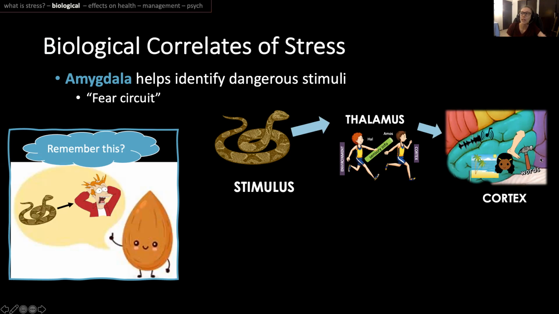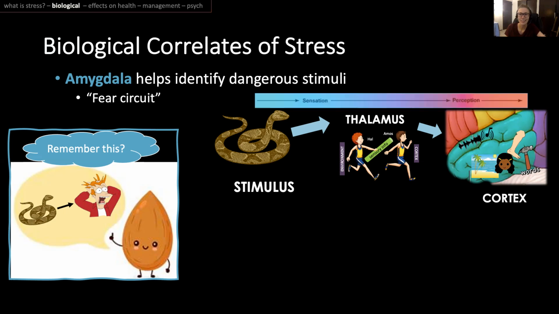And we might say, okay, that object is an animal or a person or a scene, etc. So your temporal lobe of your cortex is saying, okay, what I've identified is a snake. This whole process is what we talked about in sensation and perception, how we sense a stimulus from our eyes and it gets all the way perceived into our cortex. So cool review of sensation and perception. But from there, how do we attach emotion?